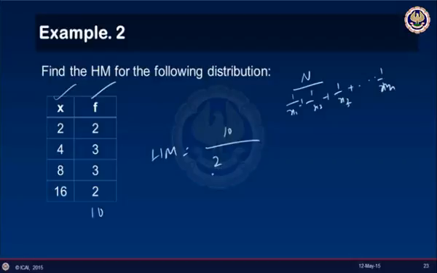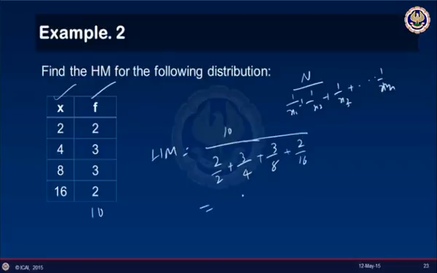The harmonic mean in this case is 10 by f1 by x1, f2 by x2, f3 by x3, f4 by x4. This is 2 by 2 plus 3 by 4 plus 3 by 8 plus 2 by 16.